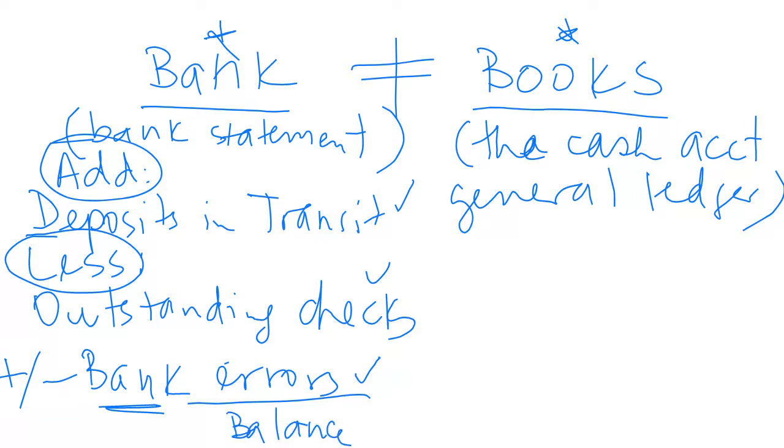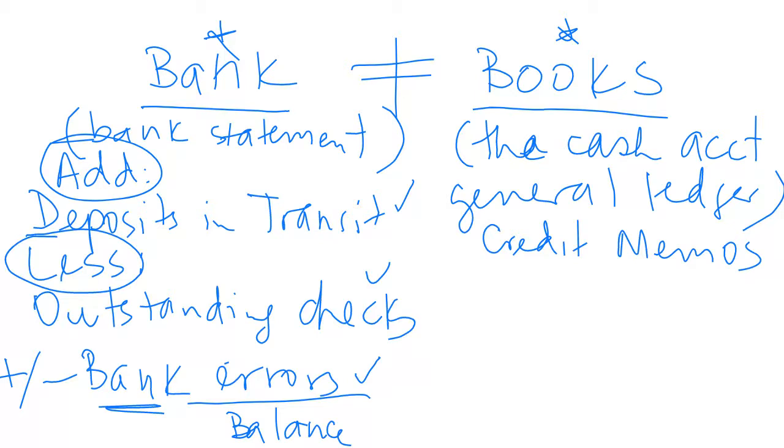All right. On the book side of the reconciliation, we should see all the credit memos. Those are bank collections. Those are cash receipts that the bank has received and recorded, but the company has not recorded on the books.